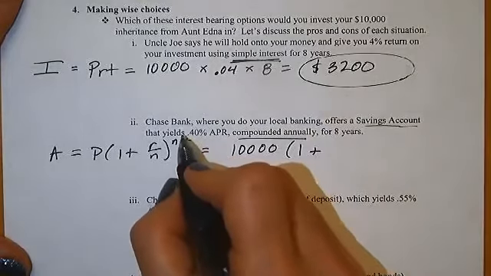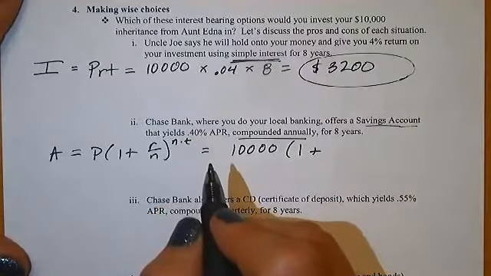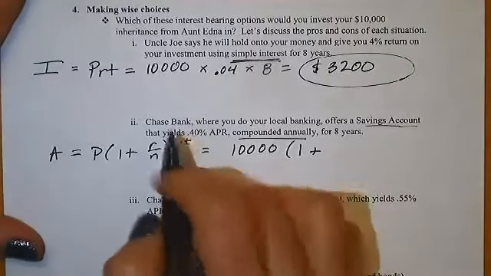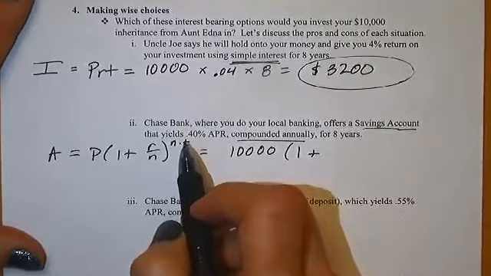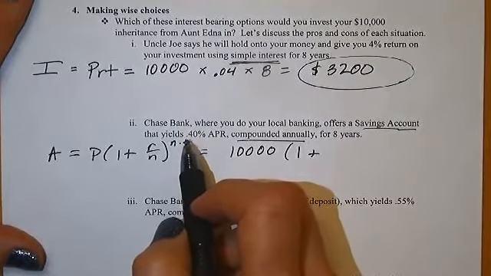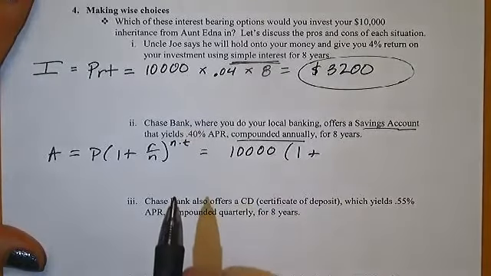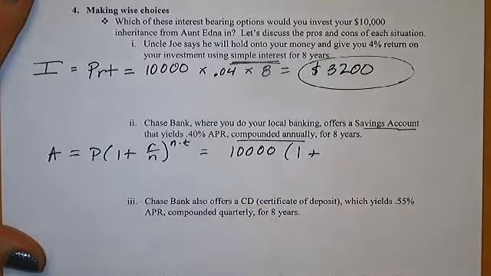The interest rate is 0.4%, and that's pretty typical of a savings account. Savings accounts do not yield a very high return. It's a very slow return meant for small amounts of savings. It's definitely better than a checking account, which gives you nothing in return, but this is less than 1%.